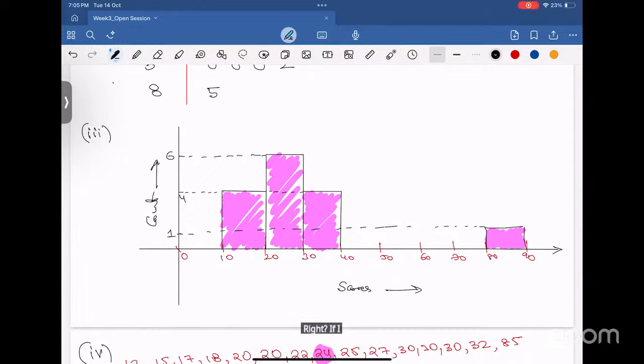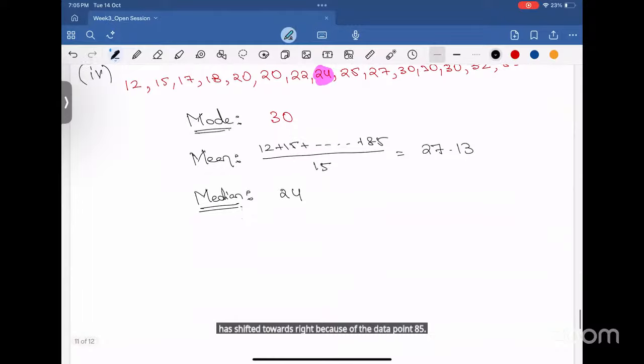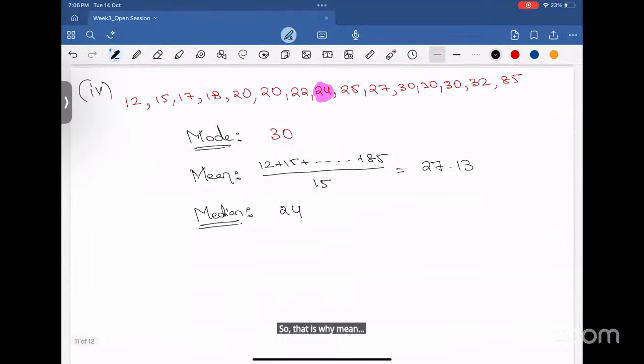If I just exclude that 85, it should look like that. Whereas mean has shifted towards the right because of that data point 85. So that is why mean gets fluctuated because of outliers, whereas median will not.